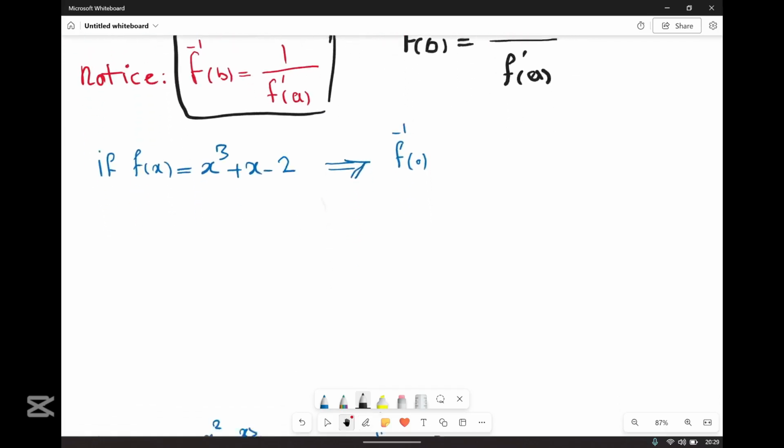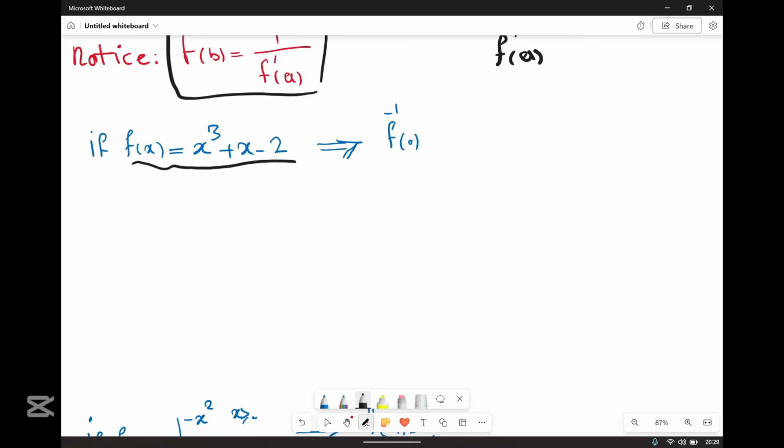For example, here, if your f(x) is x power 2 plus x minus 2, you must calculate the derivative of inverse function at 0. At first, you must consider which input causes this value. Therefore, x power 2 plus x minus 2 is 0. Yes?